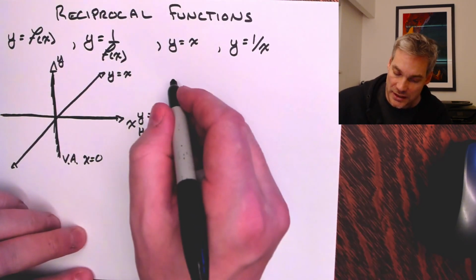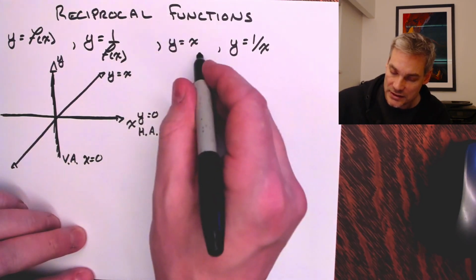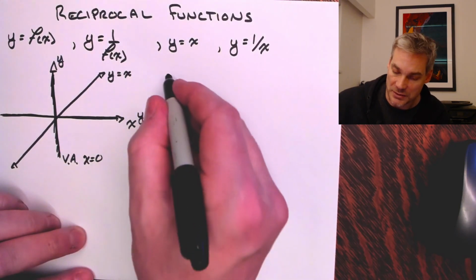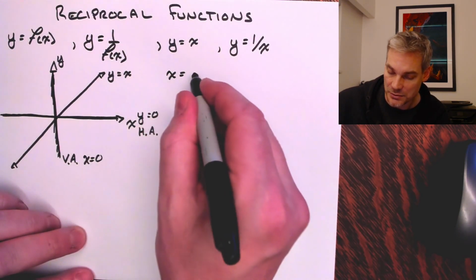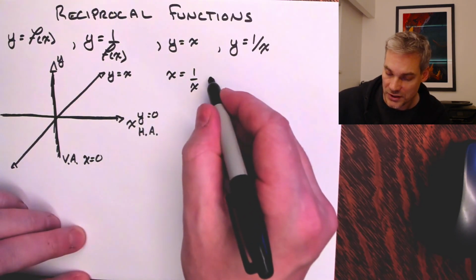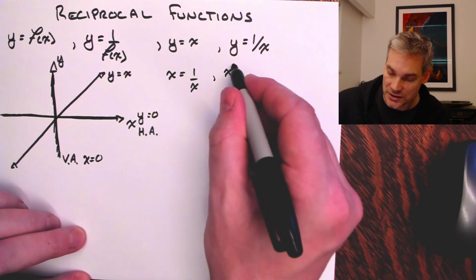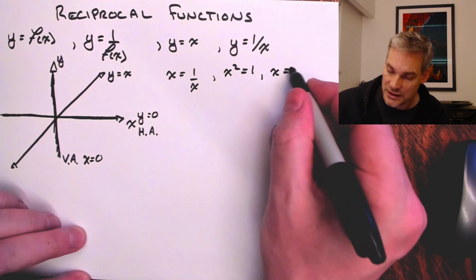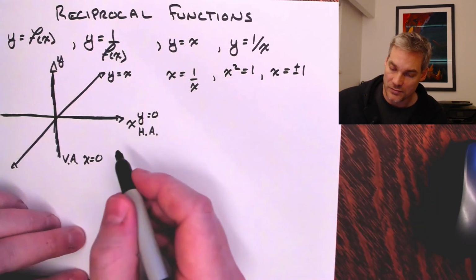So why don't we just ask, when does my original function equal my reciprocal function? Well, that's easy. When does x equal 1 over x? Let's solve for x. That's just x squared equals 1, which is x equals plus or minus 1.